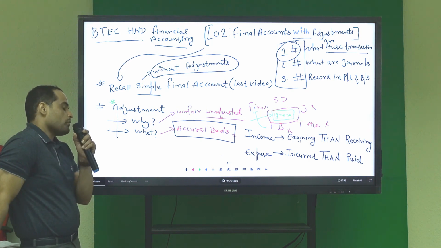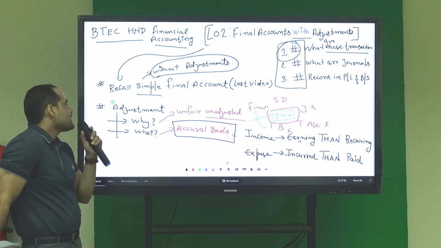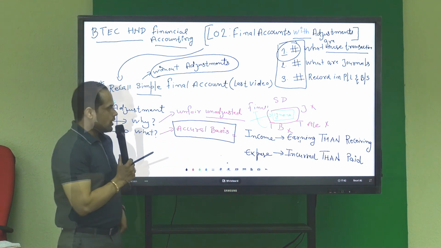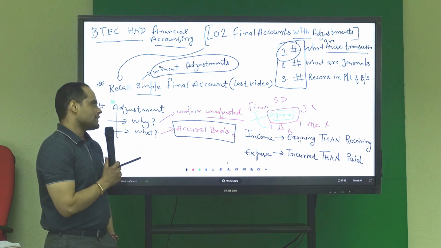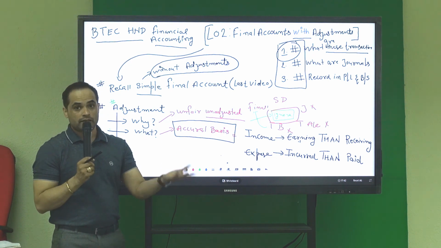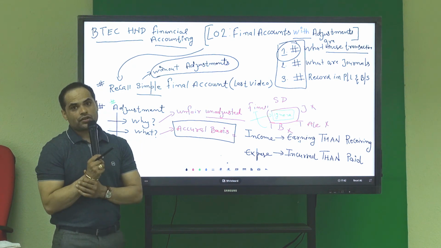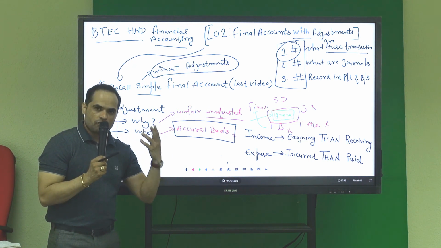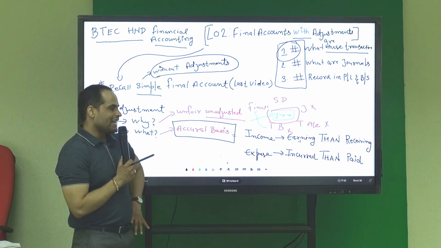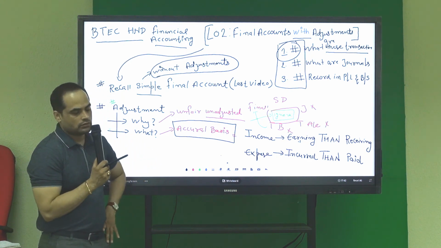In order to provide true and fair information, we have to make adjustments. The second thing is that you have to understand the meaning of accrual basis, which means any income that we earn but do not receive, we record on the basis of earning, not on the basis of receiving. Similarly, for expenses, the initial recording will be based upon what is incurred, not on what is paid.